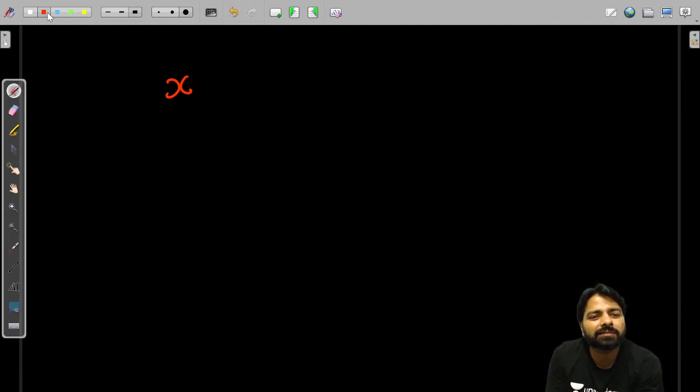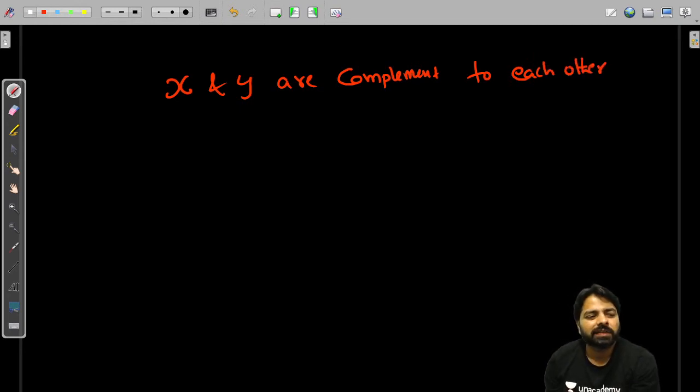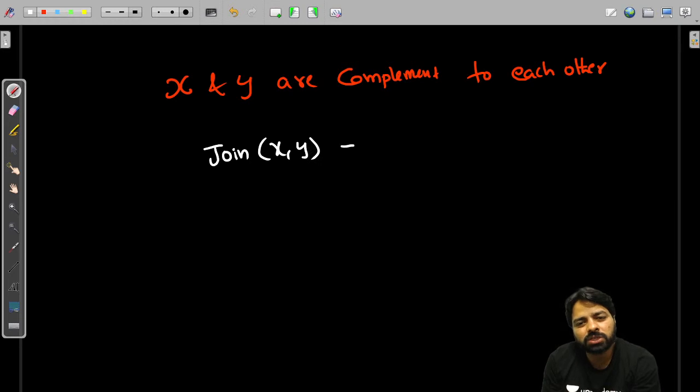Then how do you say that X and Y are complements of each other? Quick. Come on. Here, when we do the join, remember that it must go to the upper bound of the lattice.